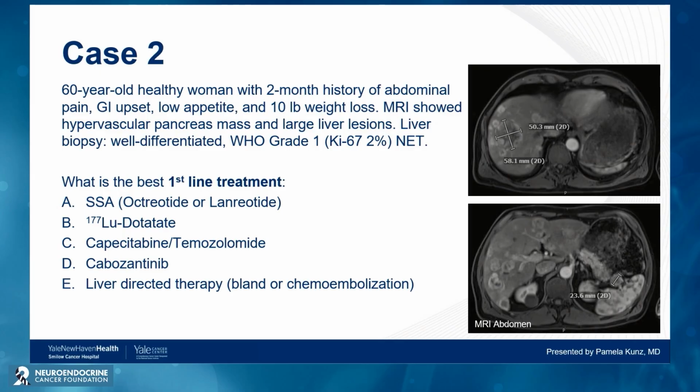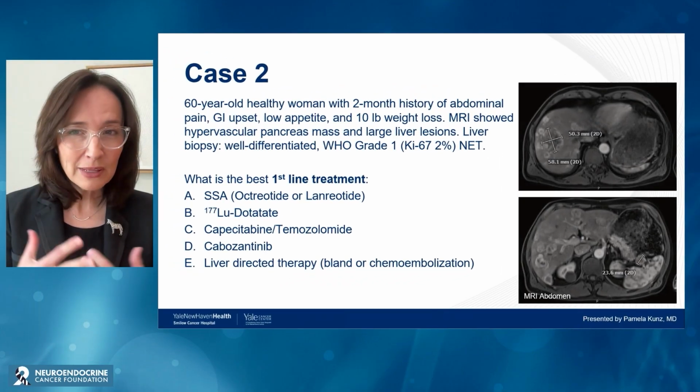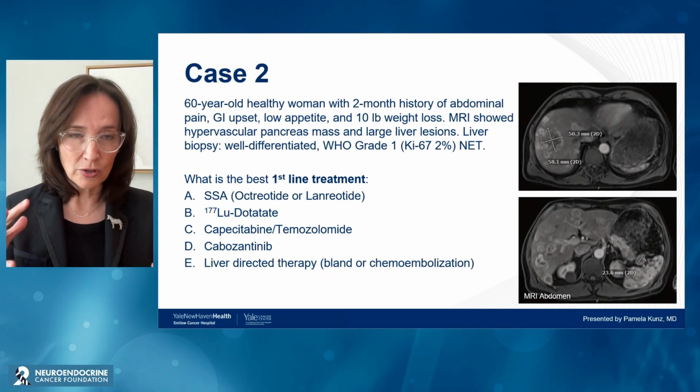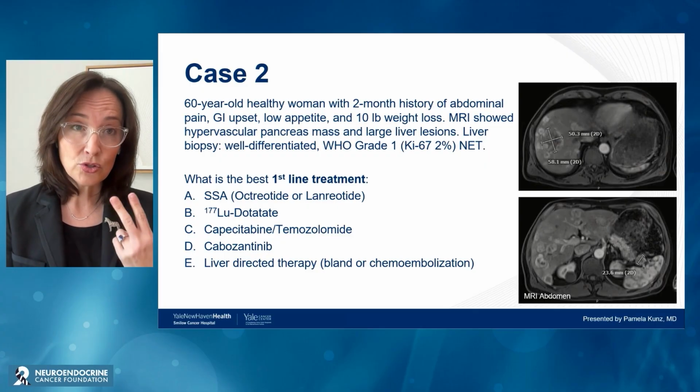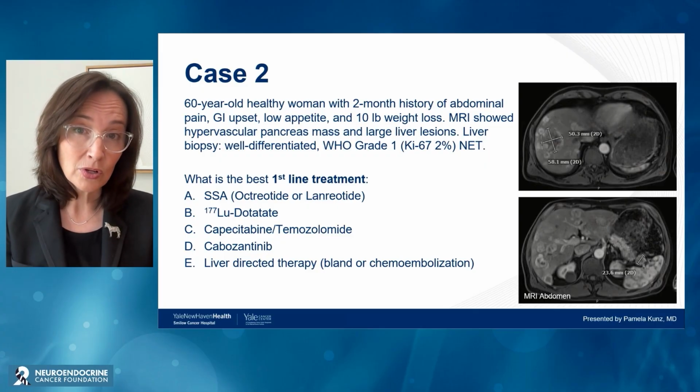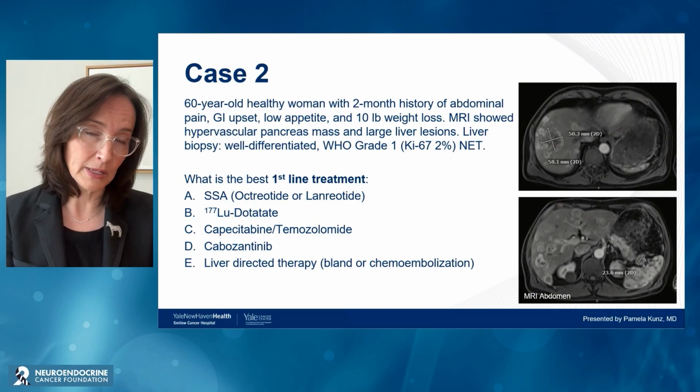Same question, what's the best first treatment for her? Somatostatin analog, lutetium dotatate, capecitabine temozolomide, cabozantinib, or liver-directed treatment. As you're thinking about what we learned today, we really need something that has the potential of shrinking the cancer because of how symptomatic she is. The 2 main options include lutetium dotatate and capecitabine temozolomide.